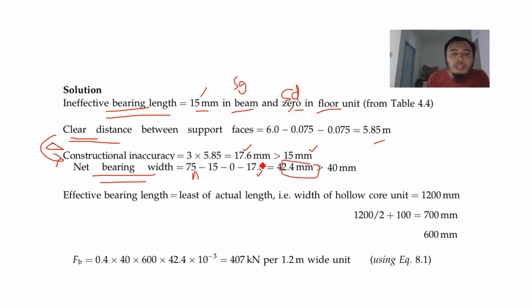Once you have that width, now you want to know your length. The length is taken as the least of three: the actual length, or half of the member plus 100, or 600. Usually you take it as 600.